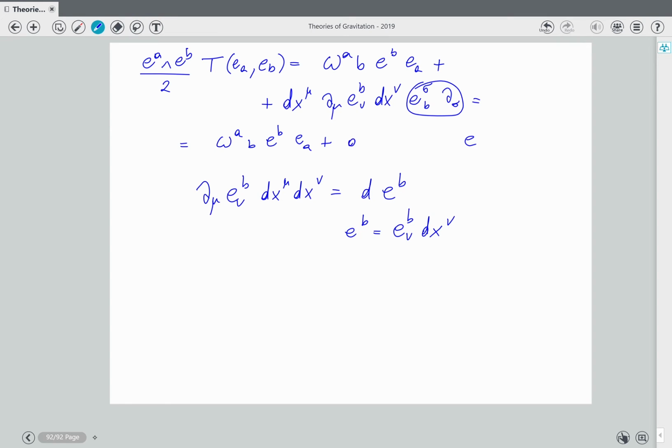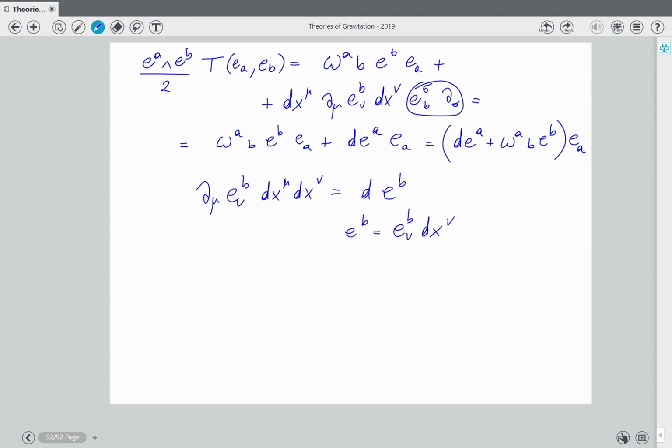So you have the exterior derivative of EB times EB. The exterior derivative of the form EB times the vector EA, let's call EA. And now it becomes quite interesting. So this object is a two form and a one vector, if you want. Two form and a one vector.